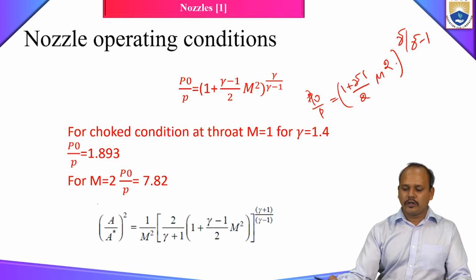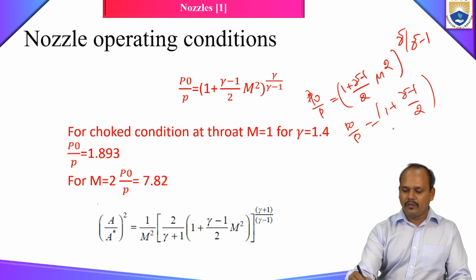To get M equal to 1 at the throat location, P naught by P is equal to (1 plus (gamma minus 1) by 2) whole power gamma by gamma minus 1, that is, ((gamma plus 1) by 2) whole power gamma by gamma minus 1.